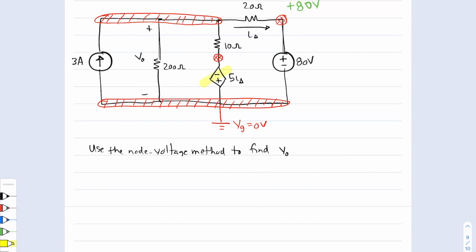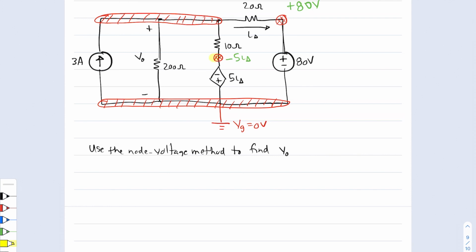Now, there is a second voltage source, and it's this one. Notice that in going from the reference node up to this node in question, we're going through a voltage drop of 5I delta. That means that the node voltage here, and you have to be extremely careful, is not 5I delta, it is minus 5I delta.